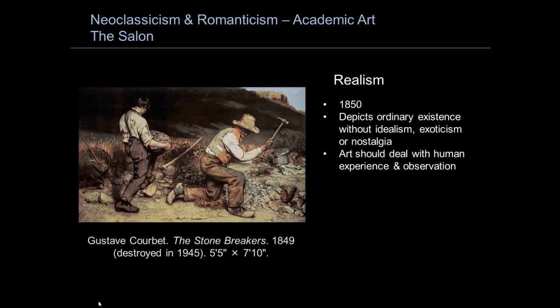So artists are starting to get their foothold a little bit and getting out from under these patrons that are supporting them and being able to think for themselves. And they kind of turn a corner that may be a little unexpected. Neoclassicism and Romanticism turns into what we know as academic art.